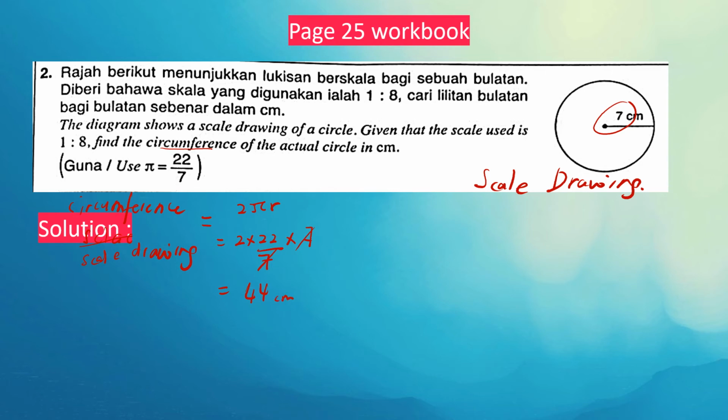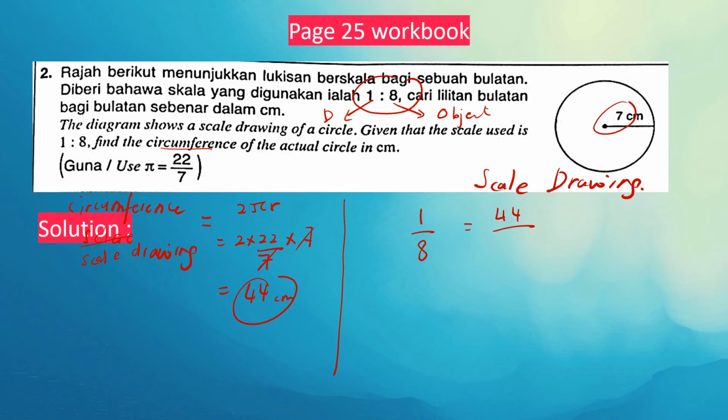According to the ratio 1:8, remember 1 represents the drawing and 8 represents the original, the object. So in this context, the actual circle. We do proportion, 1 divided by 8, the same as the ratio. The 1 refers to the drawing, whose circumference is 44, and 8 refers to the actual circle.